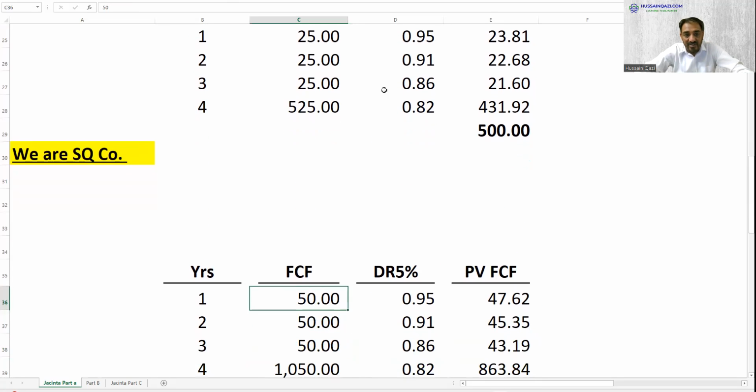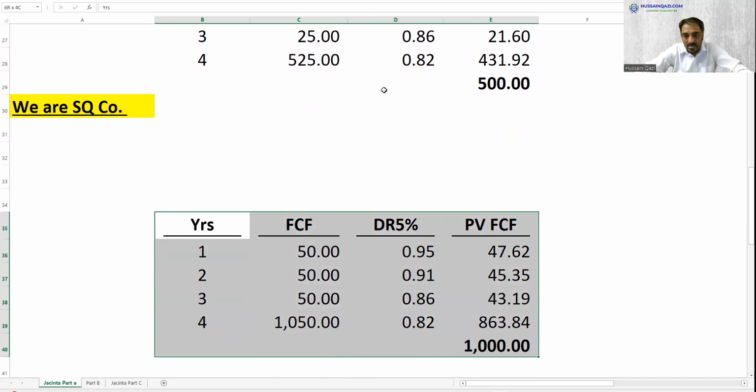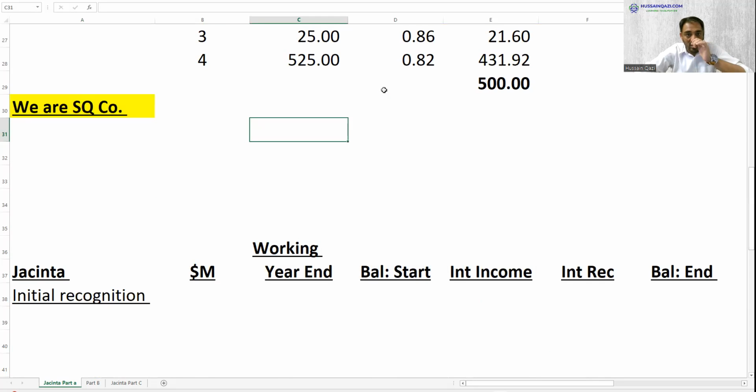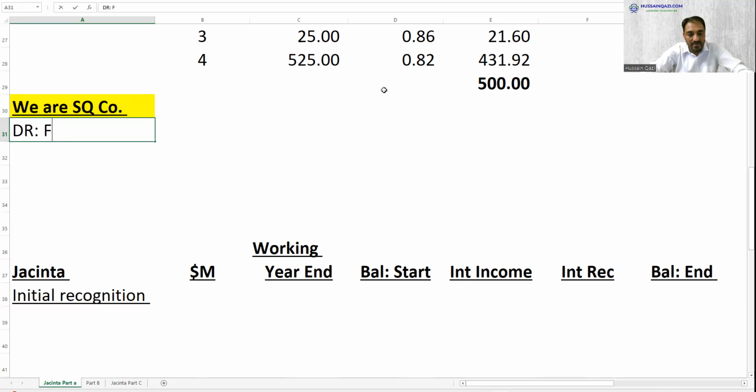So on the very first day, what will we do? Debit financial asset, credit bank.